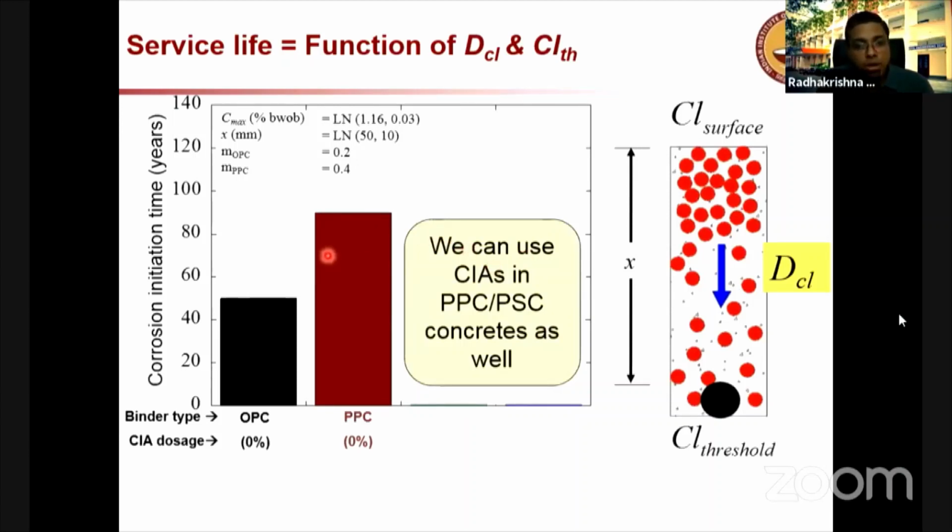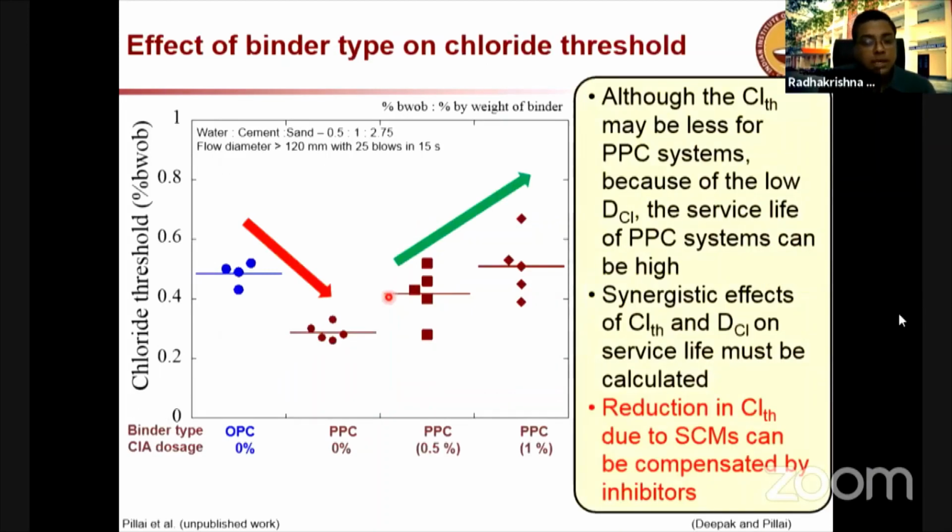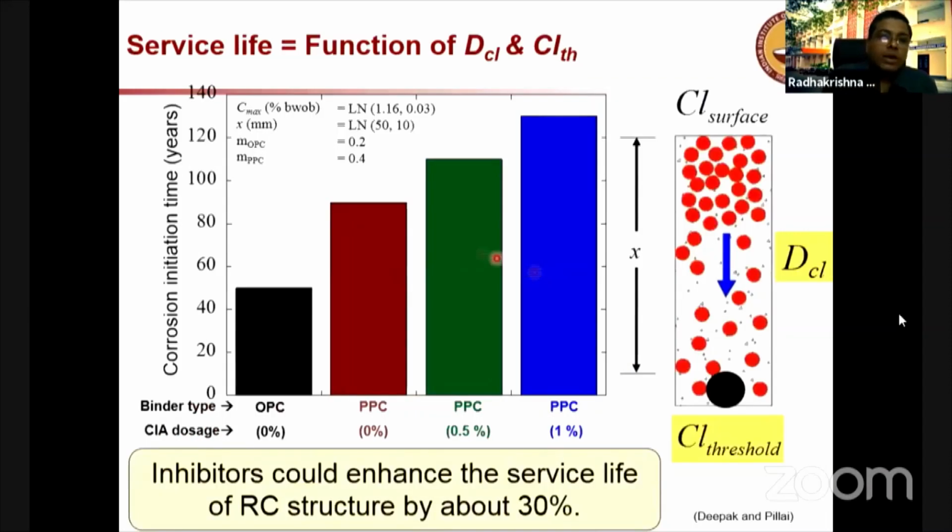And now, if CI or corrosion inhibiting admixtures are used, we can still increase the chloride threshold of PPC itself. So this reduction which happened because of the use of PPC can be compensated by using the corrosion inhibiting admixtures. If you use 1% of corrosion inhibiting admixture, whatever reduction happened can be regained or compensated by the use of CIAs, or inhibitors.